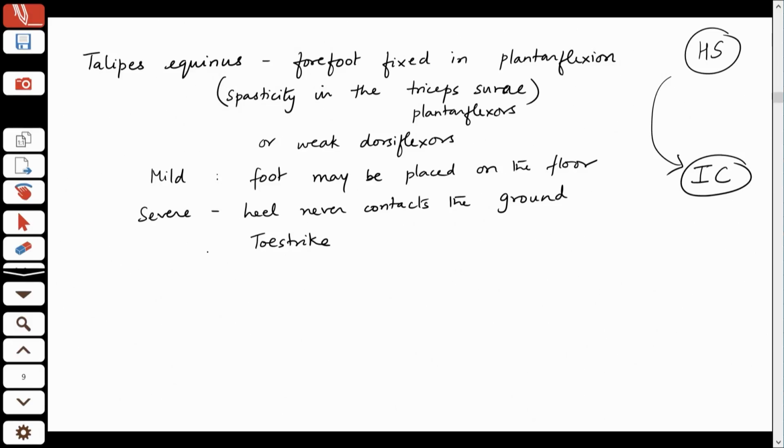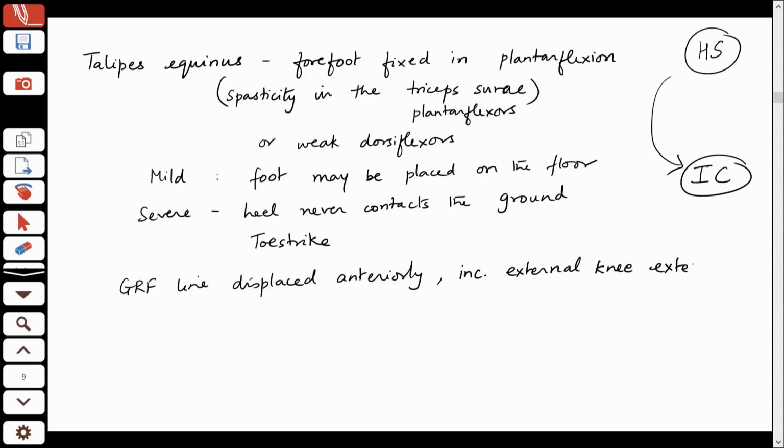So, because you have toe strike, the GRF line is anterior, and therefore, you have an increased external knee extension moment.